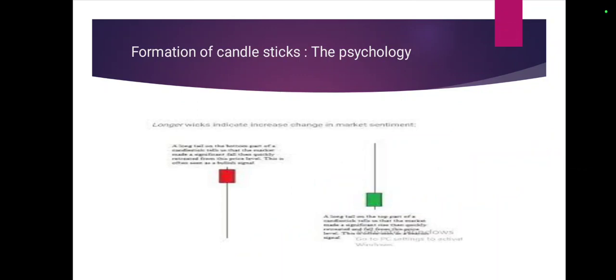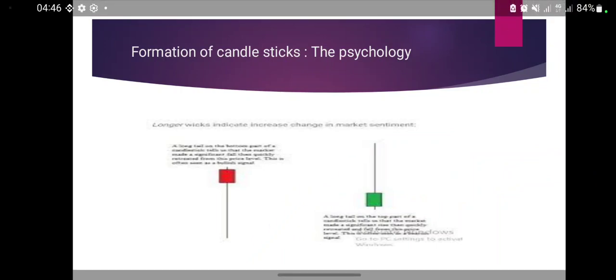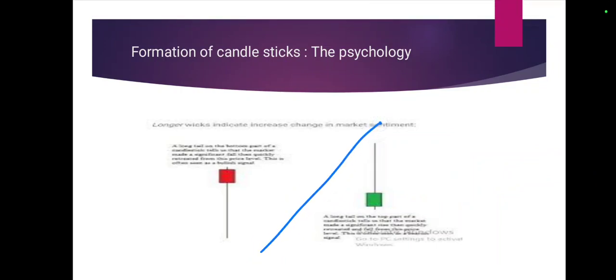So if the market is going up and you see a hammer candle, it signifies that there are a lot of sellers within this range, and they are telling you they are willing to push the market down. That is the psychology of this particular hammer candle.